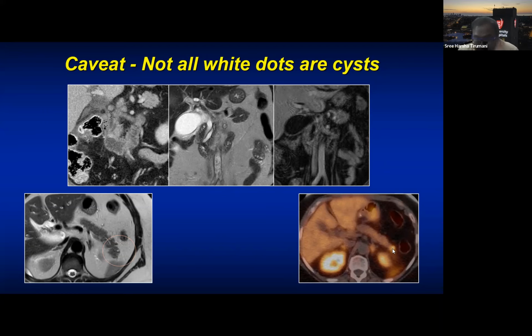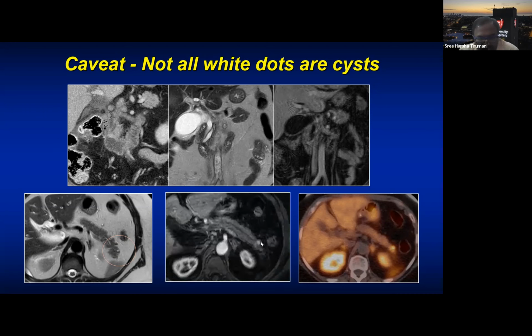This is a DOTATATE scan, and you can see that there is a brisk uptake of the tracer in the cystic lesion which we saw in the tail. Now, when we go back and look at the post-contrast images, there is definitely a focus of intense enhancement. So what looked cystic was actually a solid enhancing lesion, briskly arterial enhancing.